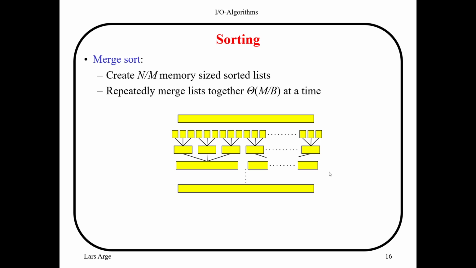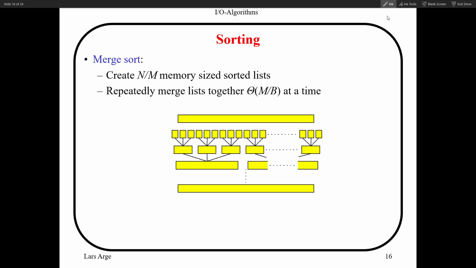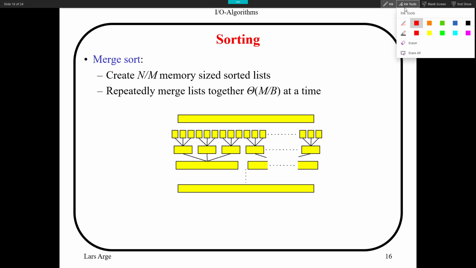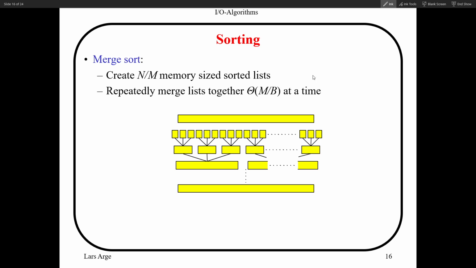So what does sorting look like? Well, we could do merge sort. We could start by creating N over M sorted lists.